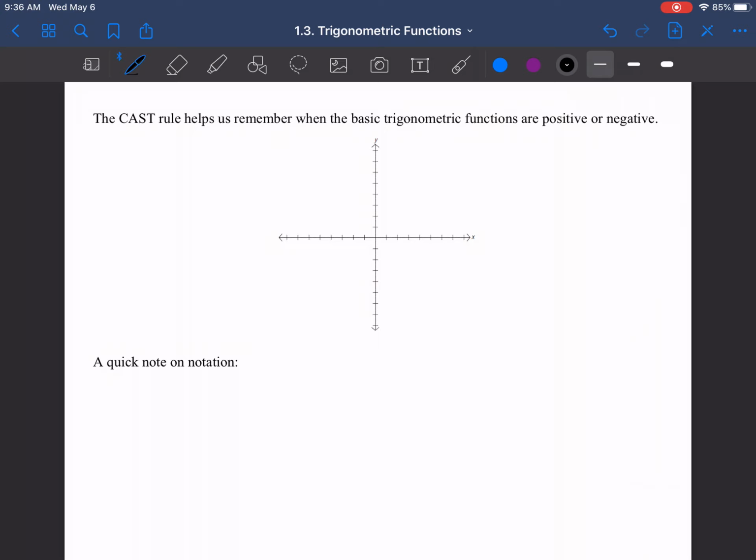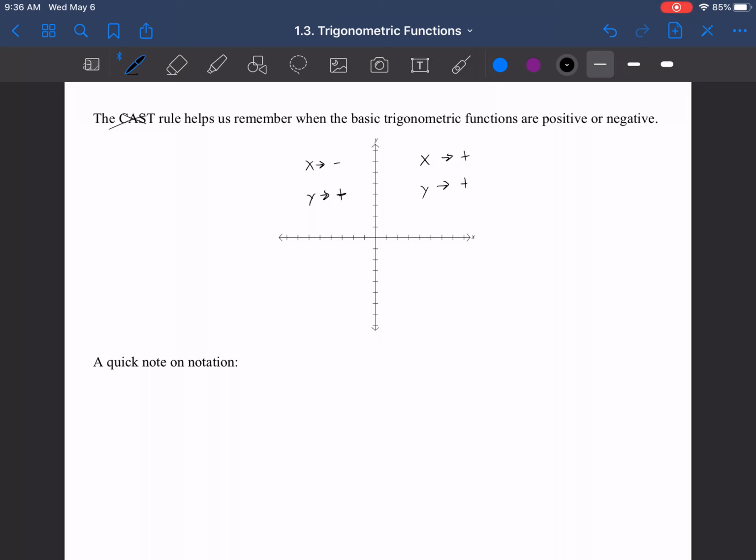So I'm not interested in going into the cash rule. Basically, you just need to know when is everything positive. If you're up here, x is going to be positive and y is going to be positive. That's the first quadrant. In the second quadrant here, x is going to be negative, y is going to be positive.